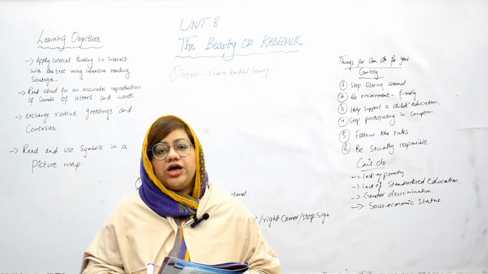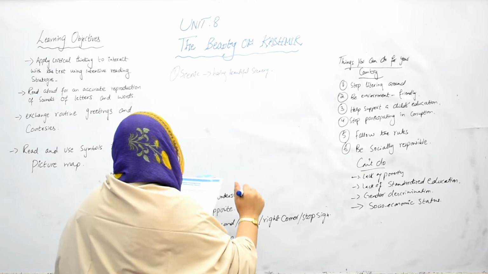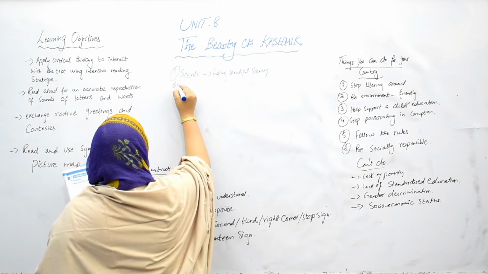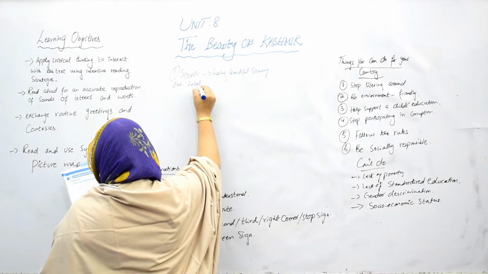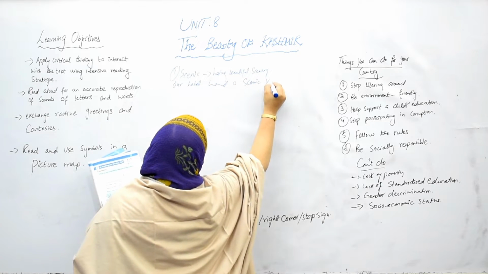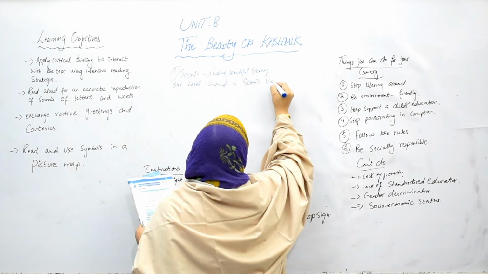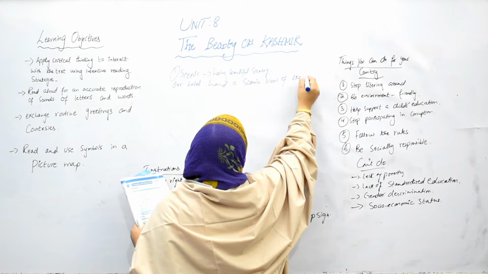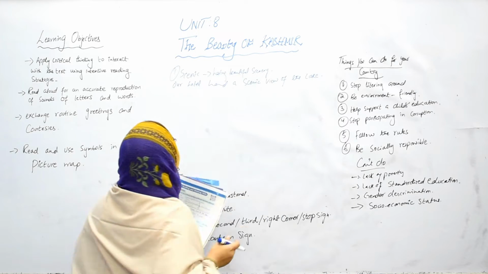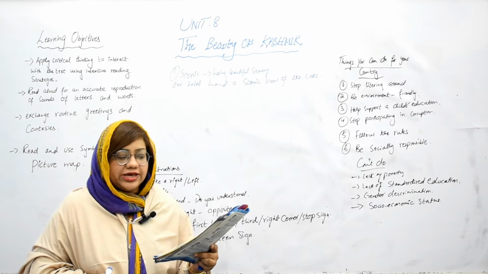I'm writing here for your help, but do practice at home, make it your own one. Our hotel had a scenic view of the lake. Our hotel had a scenic view of the lake.